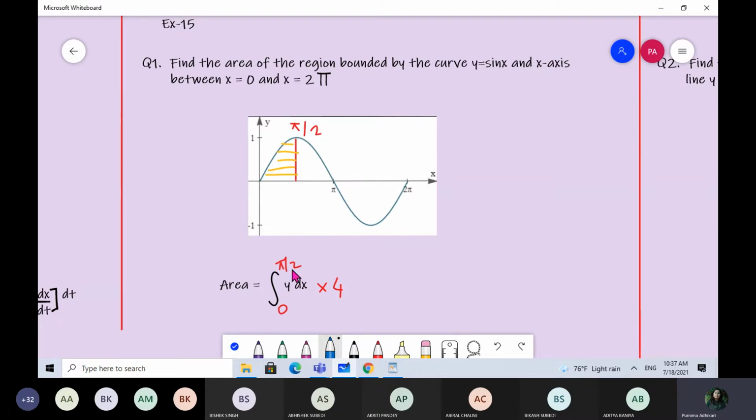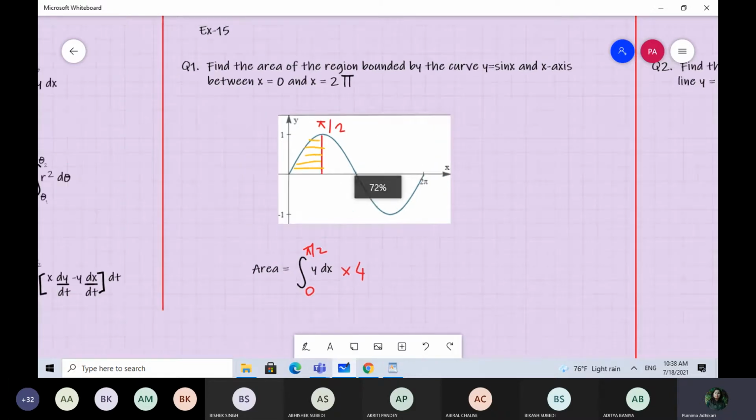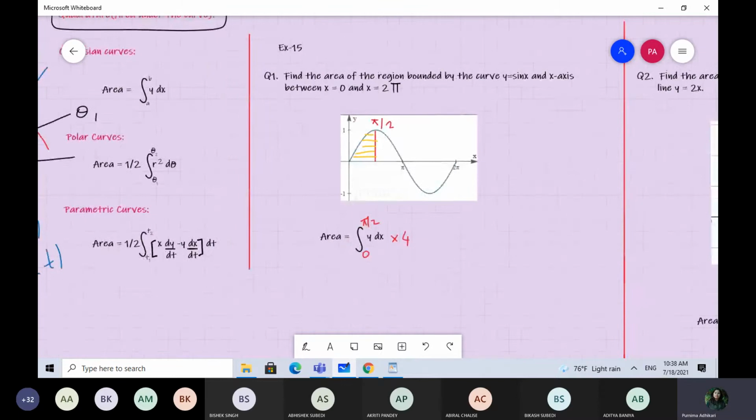So here also we are going to take 0 to pi by 2, and if we take the minimum possible limit of integration, your calculation part will also get easier, isn't it? So with 0 to pi by 2, we take y dx multiplied by 4, because we have calculated just 1/4 of the area.